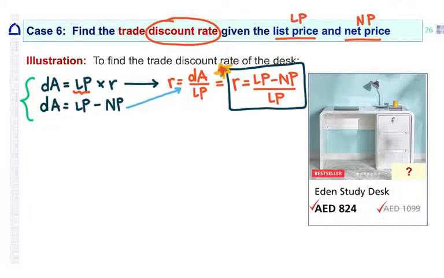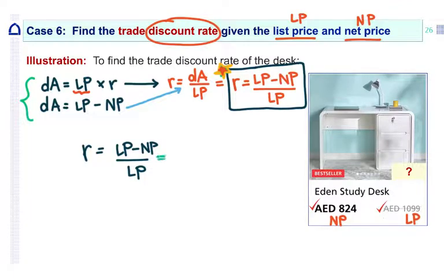Okay, so we will use this formula. Now that we know, for example, in this particular example, here is the cheaper net price, here is the more expensive list price. So to find the discount rate, we will do list price minus net price divided by list price.